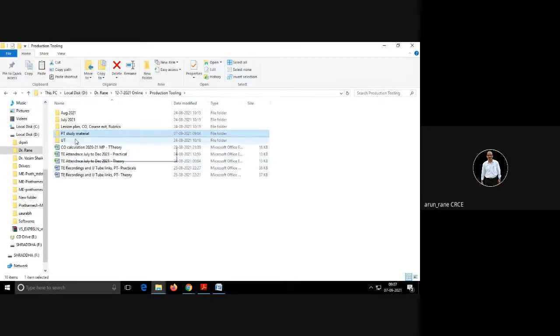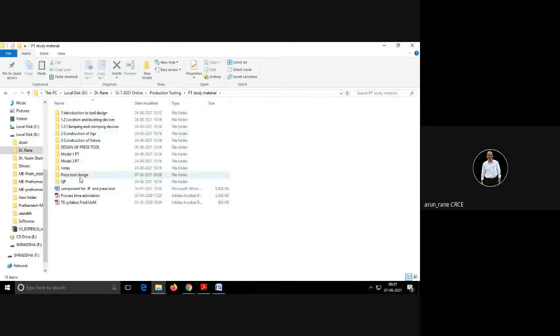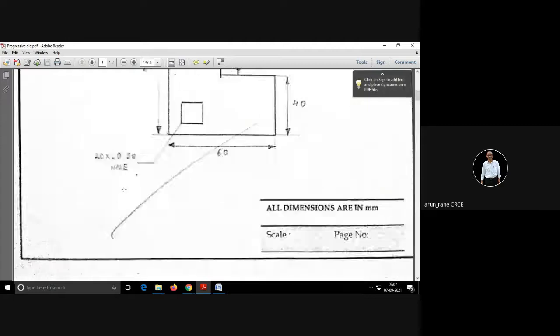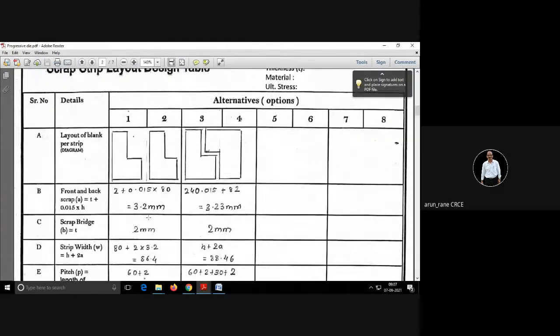And then I was talking about strip layout. Let me see if I have that or not. Just hold on for a minute. Progressive die. See, this is how you have to give the options like this.